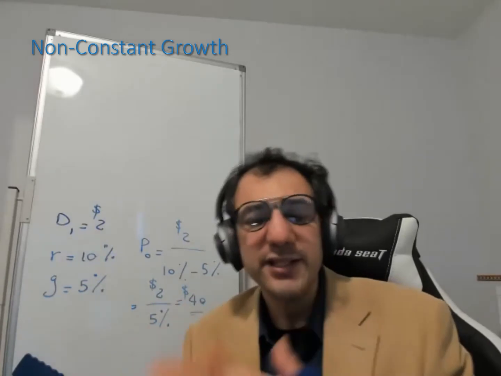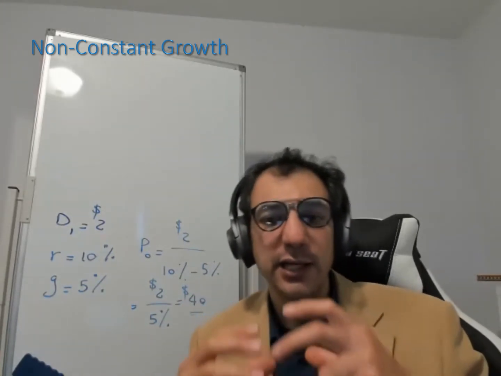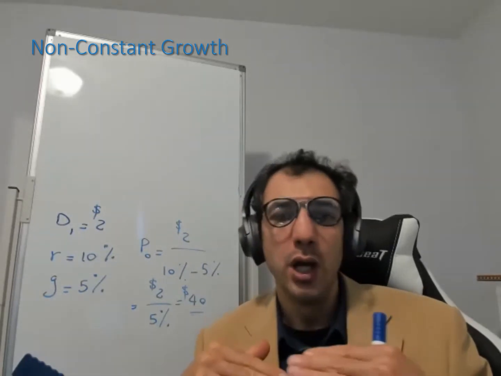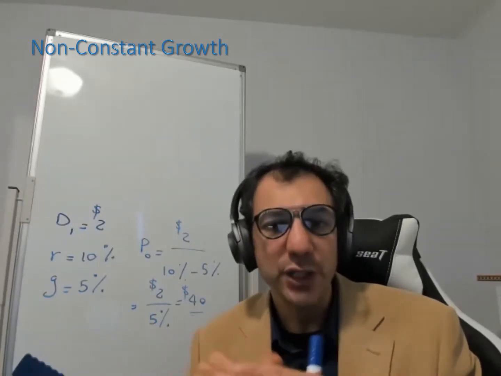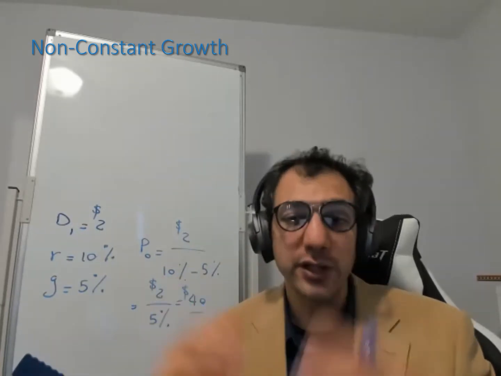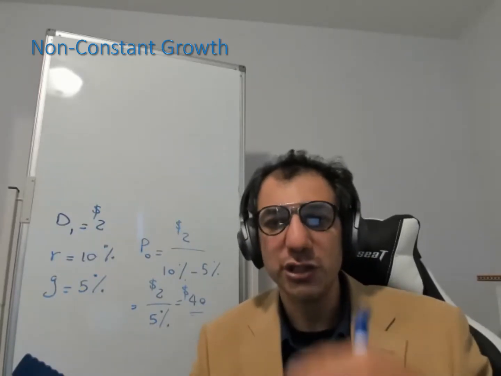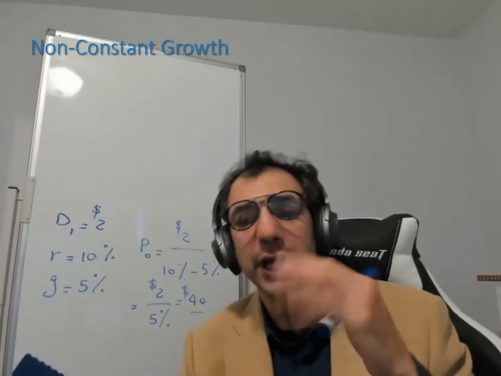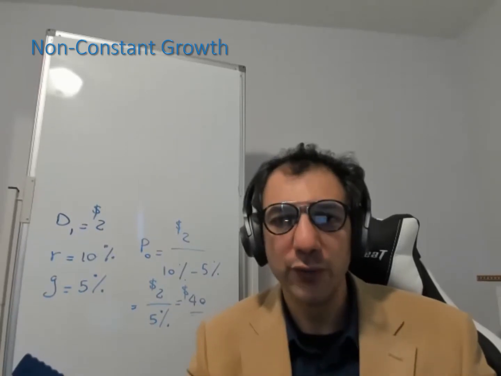We can make it a little bit more complicated, because in many cases we'll see companies, especially those who just started their business or who just started to pay out dividends, have lots of cash flows in some years, so the dividend growth is huge. The dividend is growing remarkably, but after a few years, they go back to a normal growth rate. So we have non-constant growth for these companies.